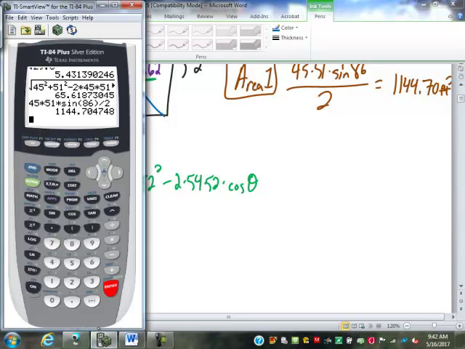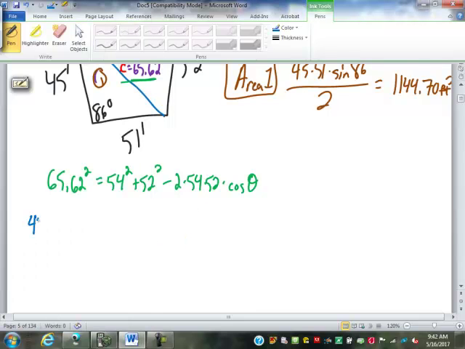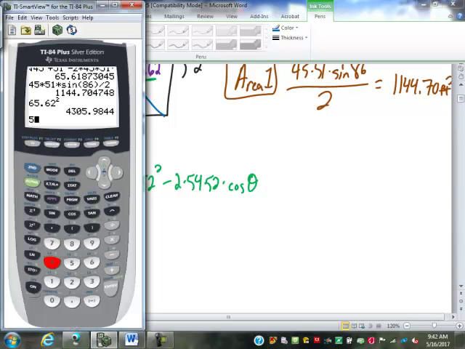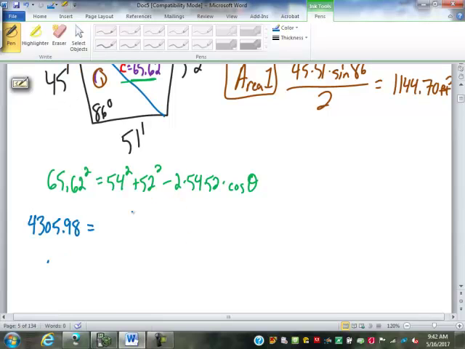So 65.62 squared is 4305.98. 54 squared is what, 2916? Cool, I'm not totally lost today. 52 squared, 2704.